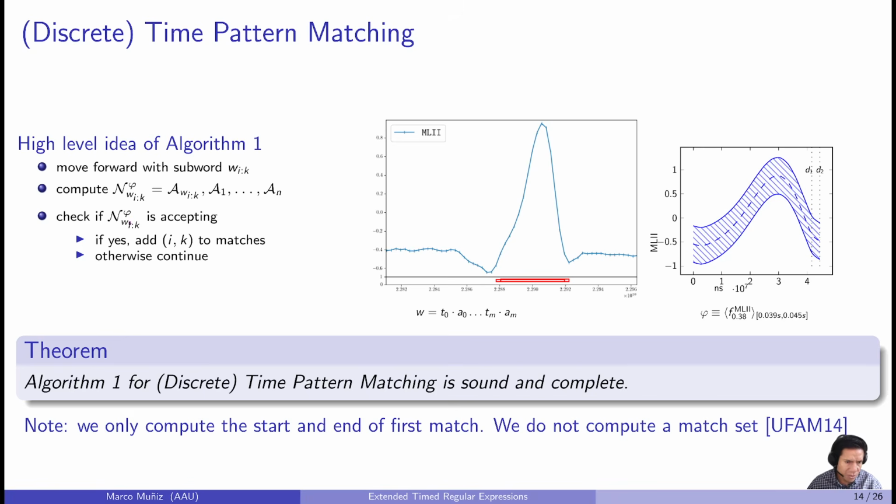Then what we need to do is to check if the network is accepting. If the network is accepting, then the subword ik is a match. Note here we are going to find only one match, and we just report the first match that we find.